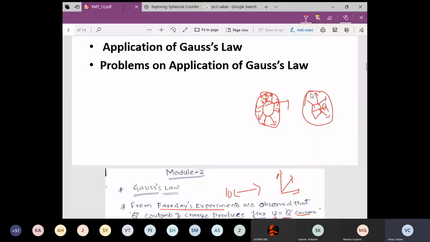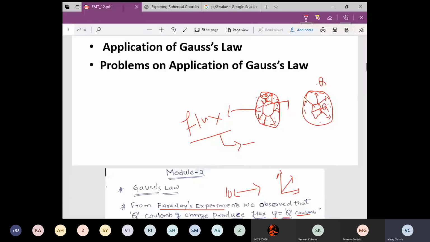If you measure the negative charge induced on the outer sphere, it will still be minus Q. The only difference between these two experiments is that with the sphere the flux lines are symmetrically distributed, and hence the flux density is the same on every unit area of the outer sphere.